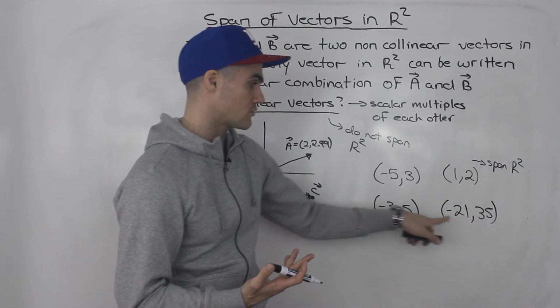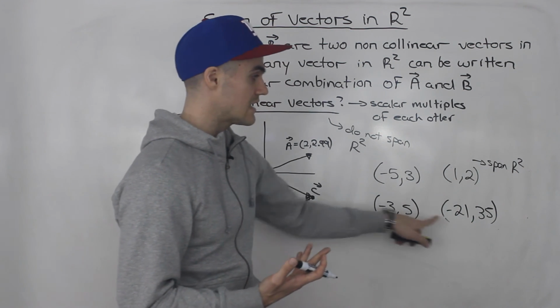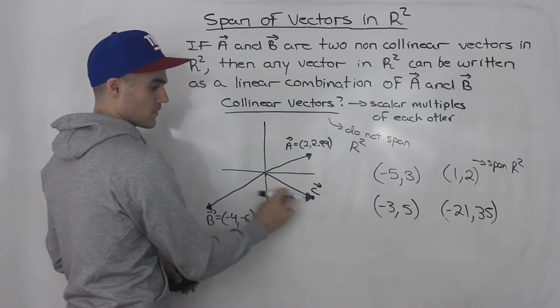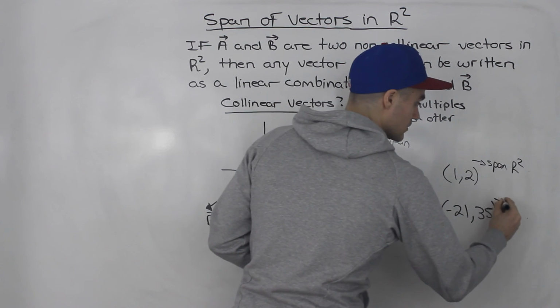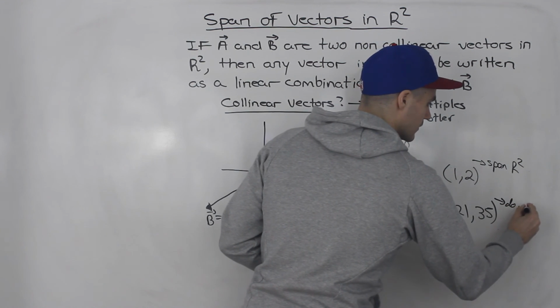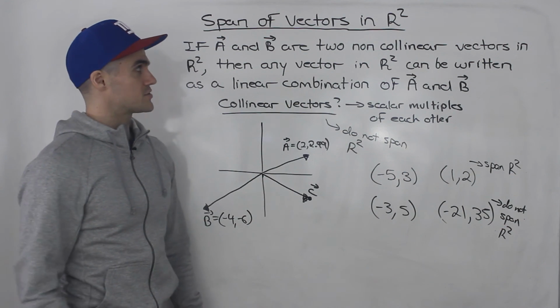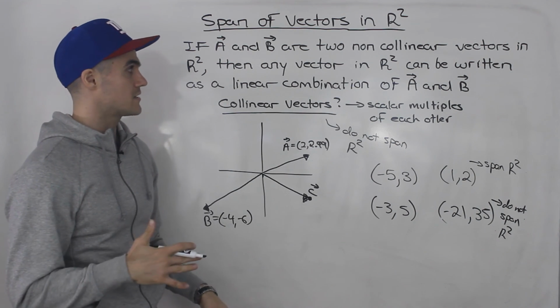So 7 times -3, -21, 7 times 5, 35. So because they are scalar multiples of each other, they're going to be collinear, so any vector can't be written as a linear combination of them. So these do not span R2.